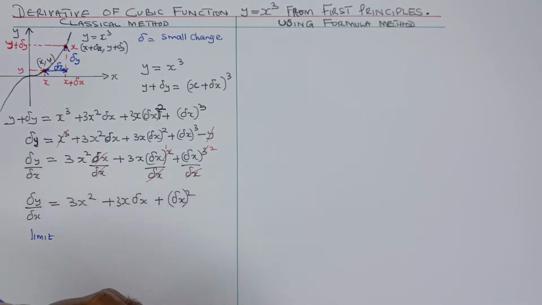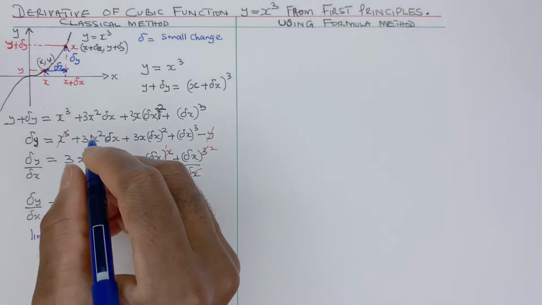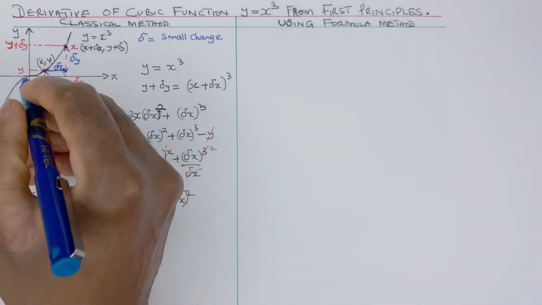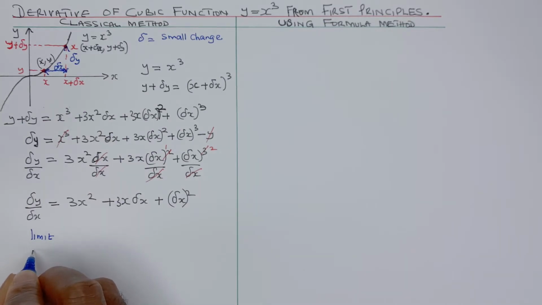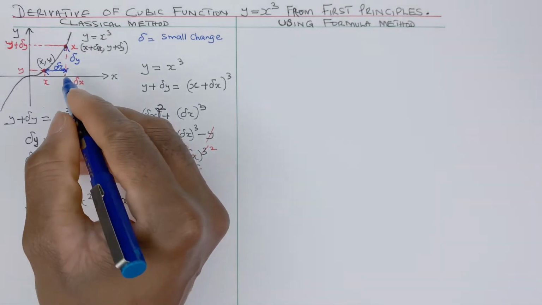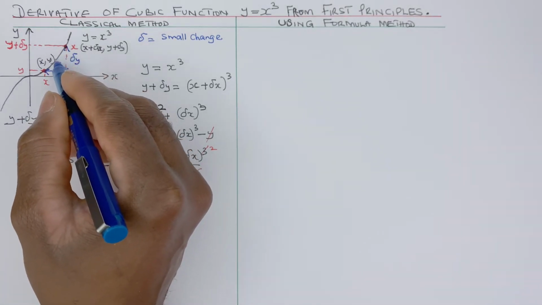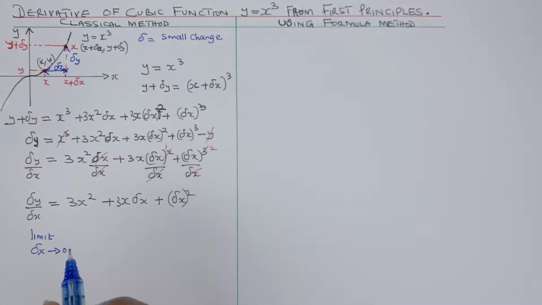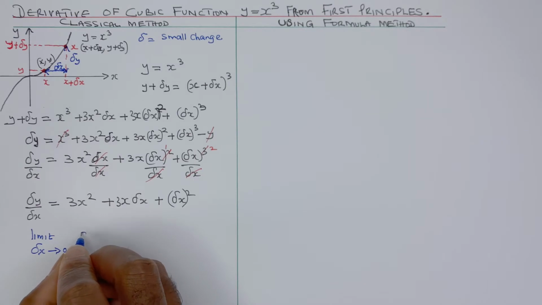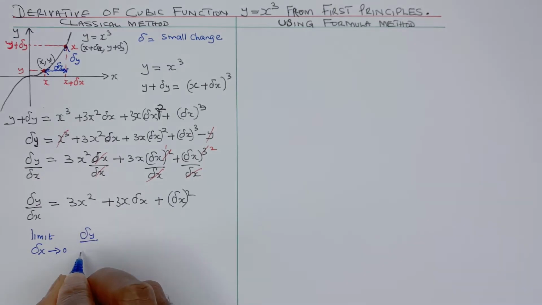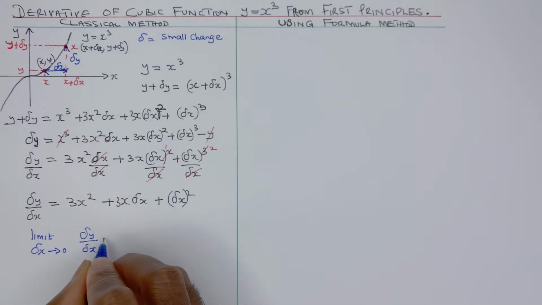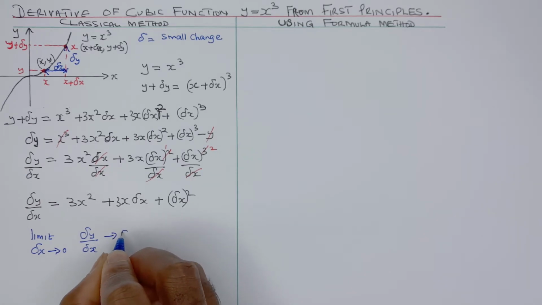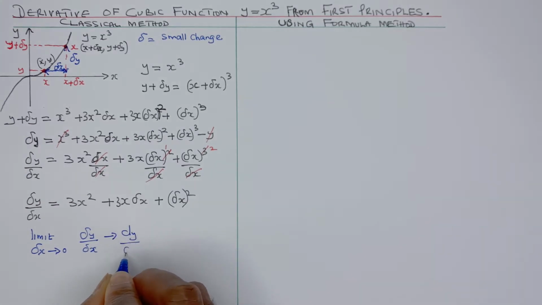We know what a tangent is like. When we draw a tangent, it just touches the surface of the curve. So in the limit, when delta x tends to 0, maybe you bring that point all the way down to here, so it's really small delta x, delta y over delta x will tend to dy over dx.